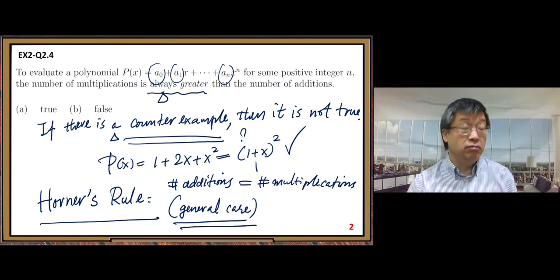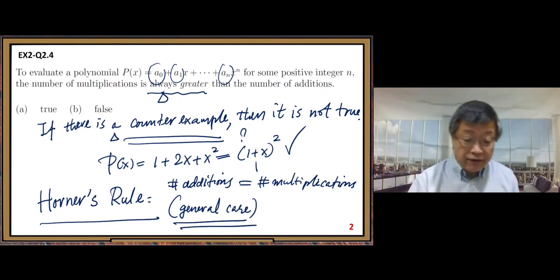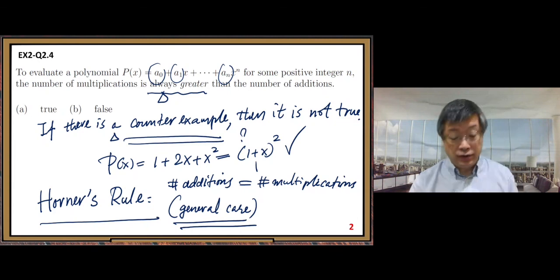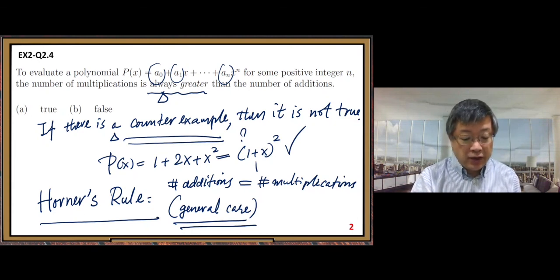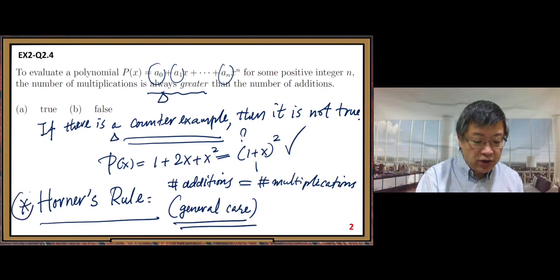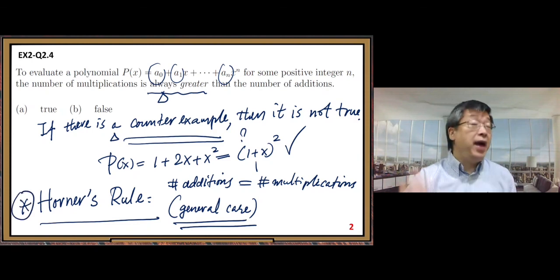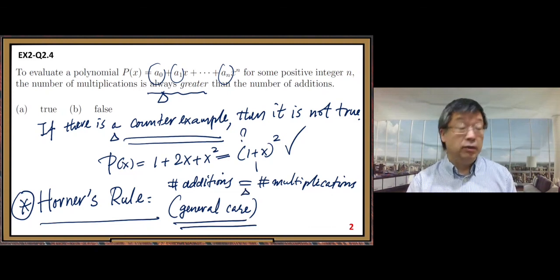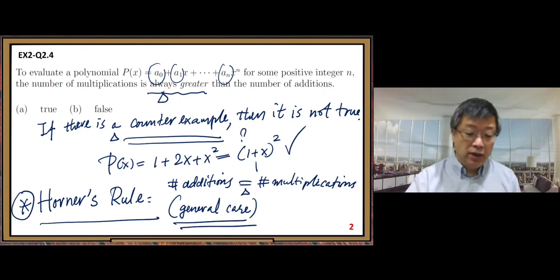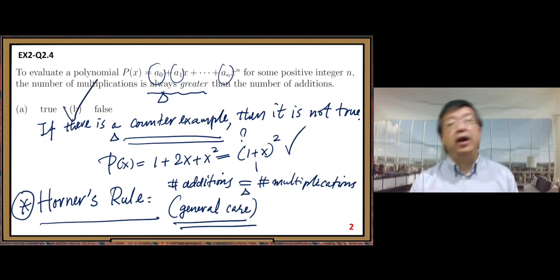Counterexample with a special case is fine. But we have another way to answer this question. If we use the Horner's rule we just learned, we can answer that question even for the general case. Equal. So always greater is false, right? So B is correct.